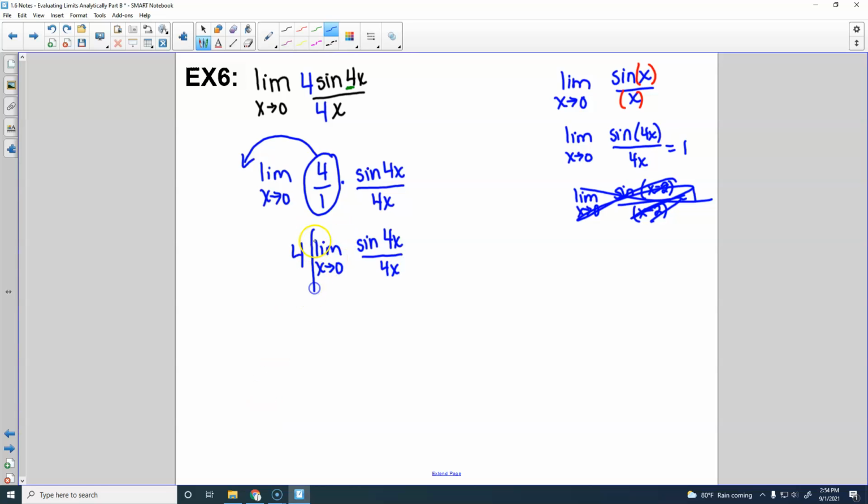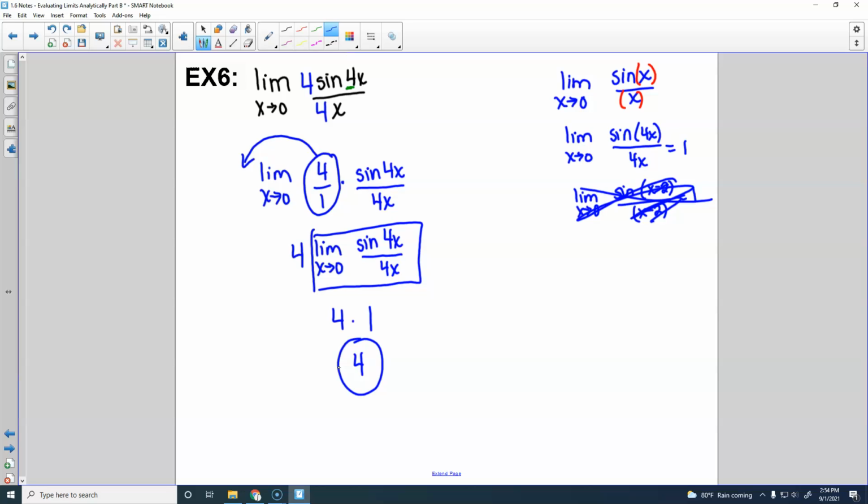Okay. So this part right here equals 1. 4 times 1 equals 4.